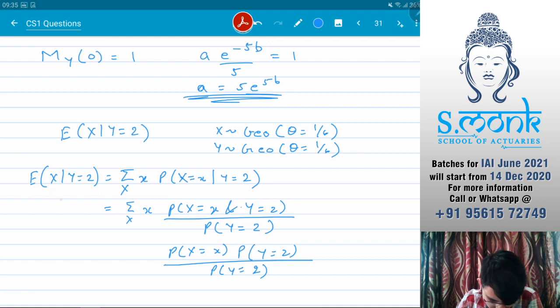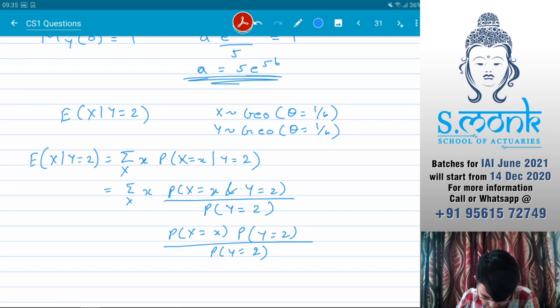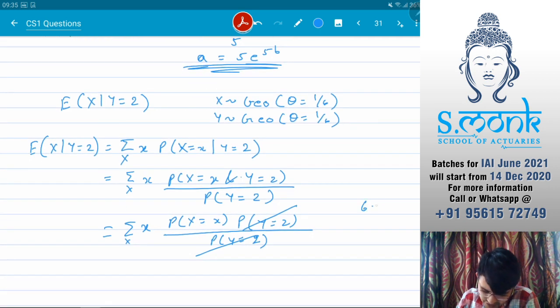Expected value. Yeah, this seems okay. These will cancel out, and therefore we'll just have summation for all values of x. The answer is 6.66.